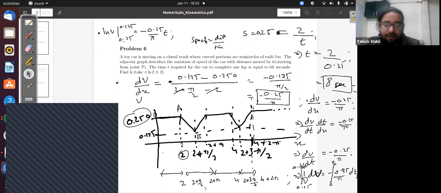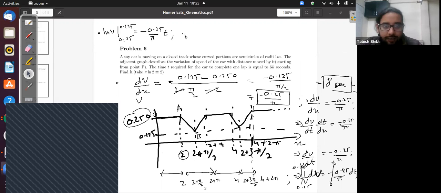So let's remove all of this. What do you get? ln of 0.125 divided by 0.25 is equal to minus 0.25 divided by pi times t.